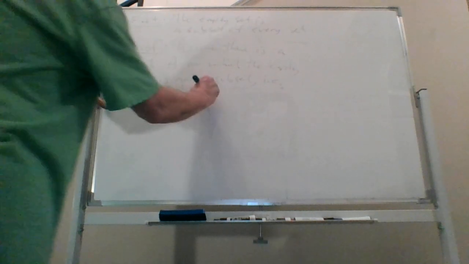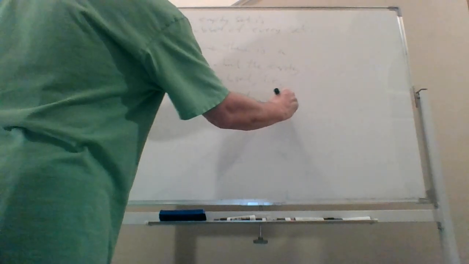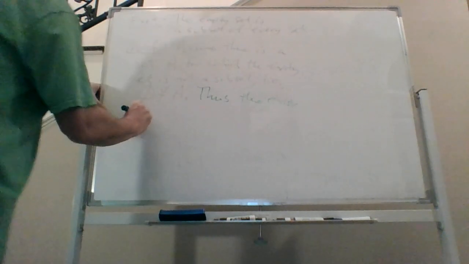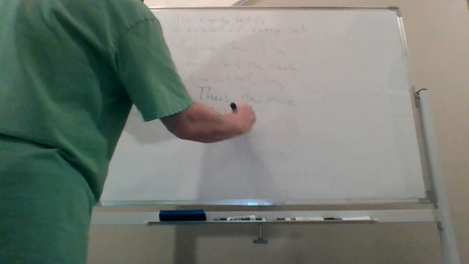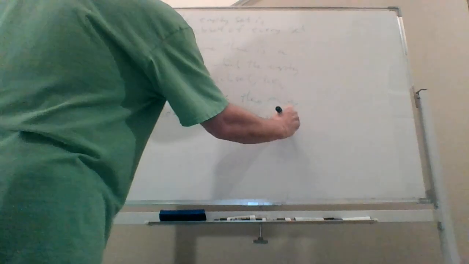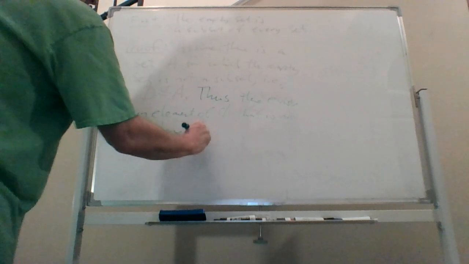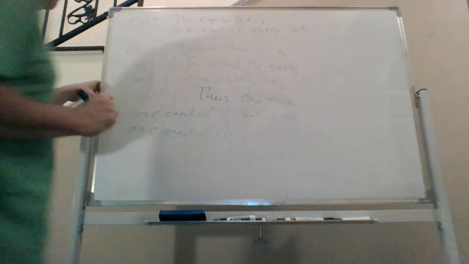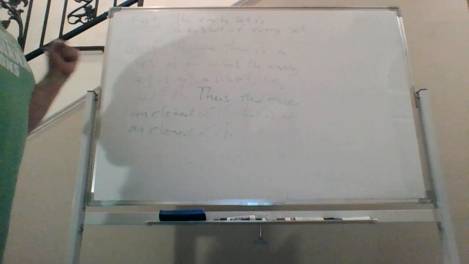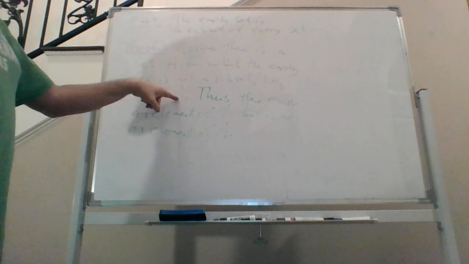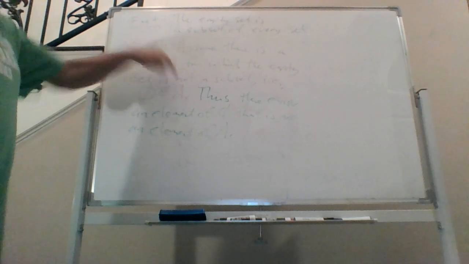Thus, there exists an element of the empty set that is not an element of A. When we had before, A was not a subset of B, that meant there was something in A that's not in B. So if the empty set is not a subset of A, that means there's an element of the empty set that's not an element of A.